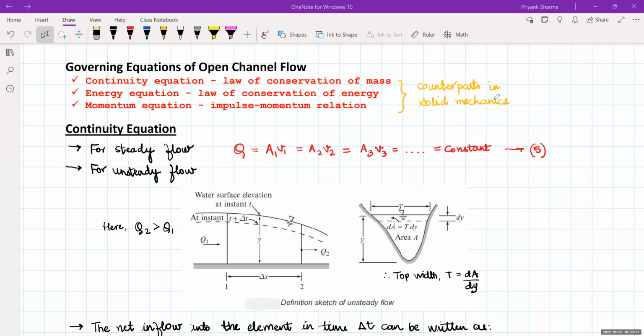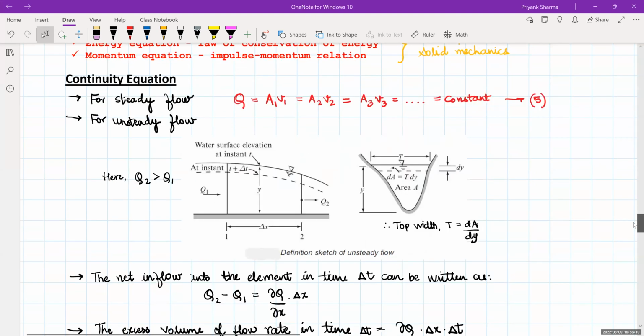So coming to the continuity equation, for steady flow, that is well known to you, Q equals A1 V1 equals A2 V2 equals A3 V3, and that is constant. So for steady flow it is very simple. Now coming to the unsteady part.